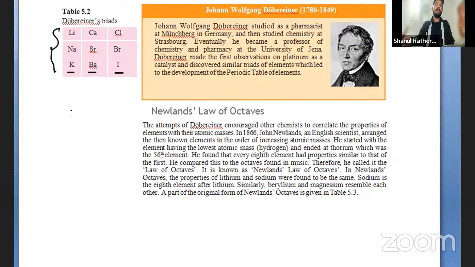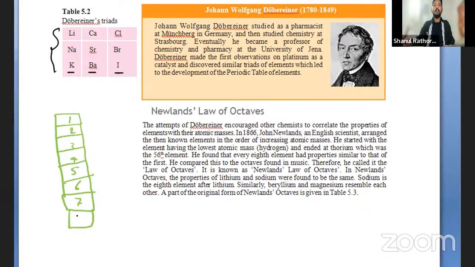According to Dobereiner, the properties were similar in three elements, but according to Newlands, the properties of elements arranged by increasing atomic masses correlate with the eighth element: 1, 2, 3, 4, 5, 6, 7, and 8.